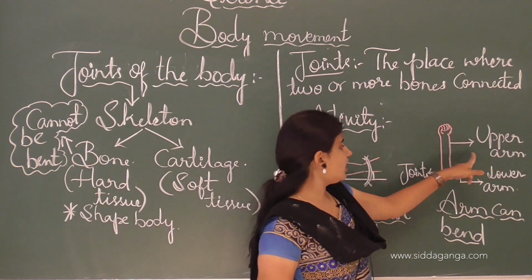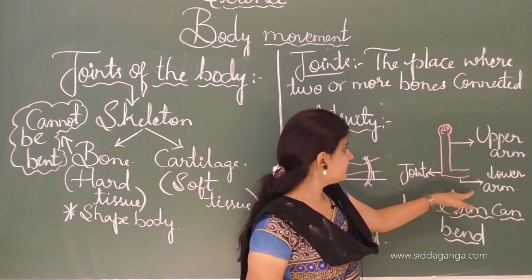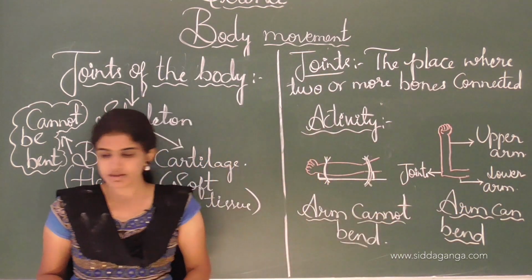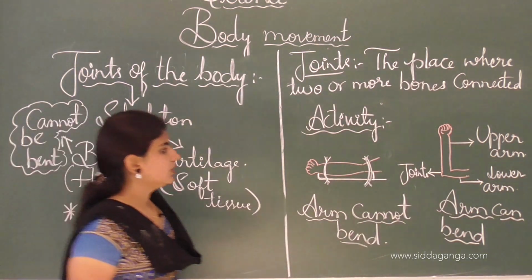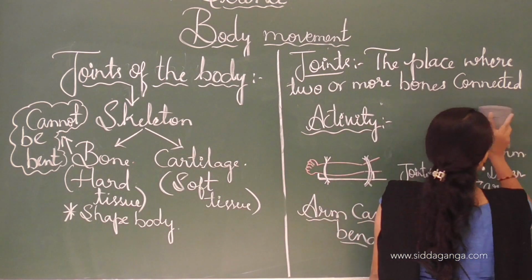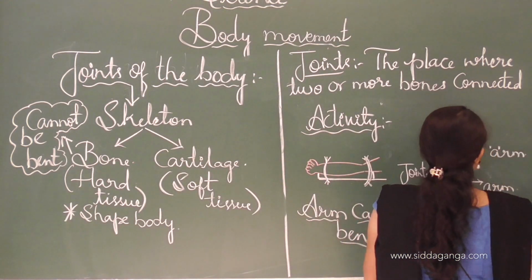See, this one is the upper arm, and the next one is the lower arm. Here it is the upper arm.